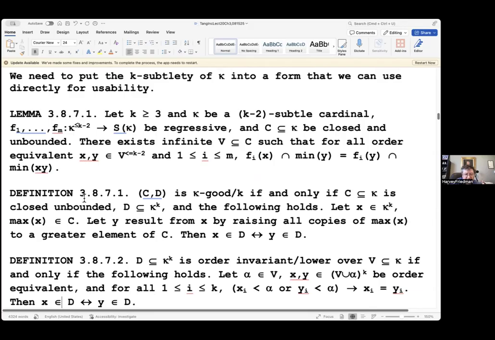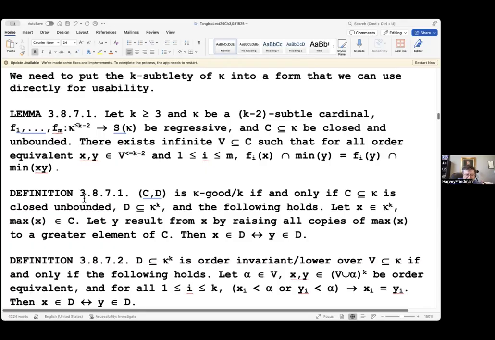All right. I call C and D kappa good, and I need to have the dimension K we're talking about. If C is a subset of kappa, is closed unbounded, and D is any set, then the following holds. Namely, that I can push up an indiscernible by one.